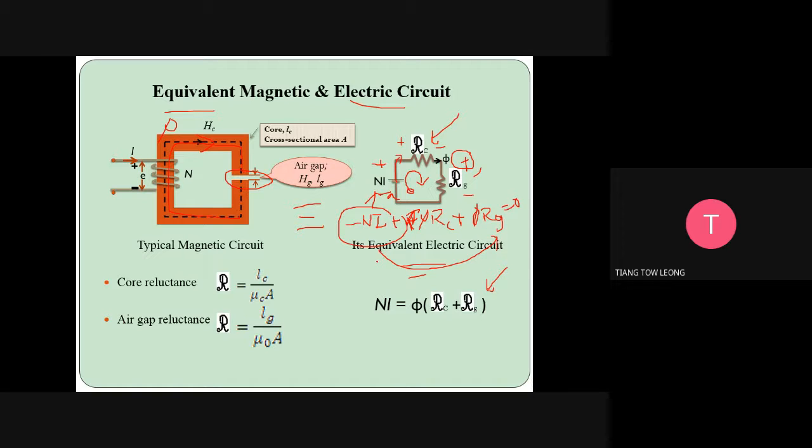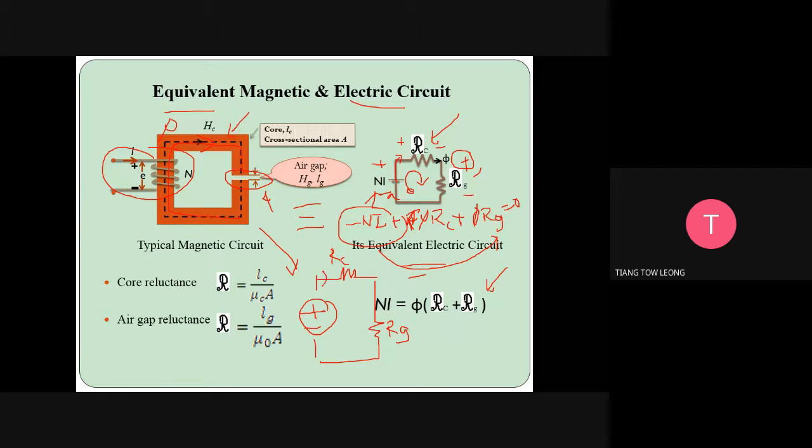Okay, so I hope that you still remember this circuit. So I repeat again, before we want to solve this question, we need to draw the equivalent circuit. So this is the source of the energy. Usually we use plus minus. And then we know that we have two materials. One is a core, one is the air. So we will draw core, air. It is connected in series. So this is R_C, this is R_G. So flux will flow like this. Okay, for the source, always positive at the flux where it flows out. This is source.